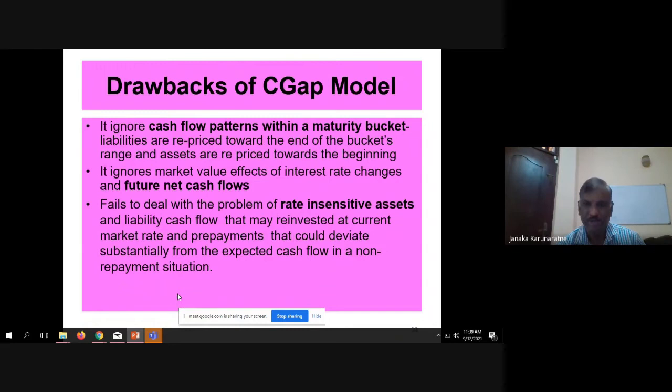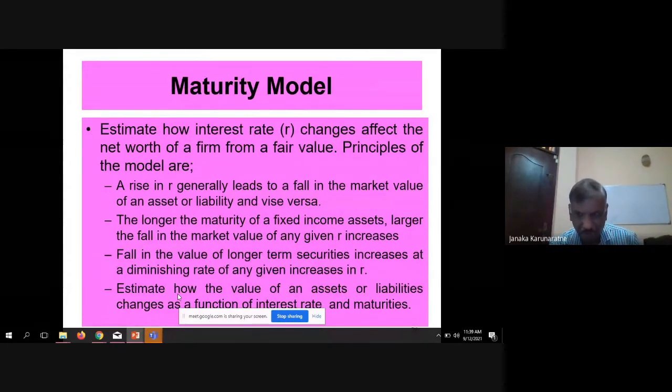We move to the maturity model. No, okay. So let's move on to the maturity model, which is another tool or model we can use to manage interest rate risk. Now here, instead of looking at the book values, we look at the maturities of assets and liabilities in a balance sheet from a fair value point of view.